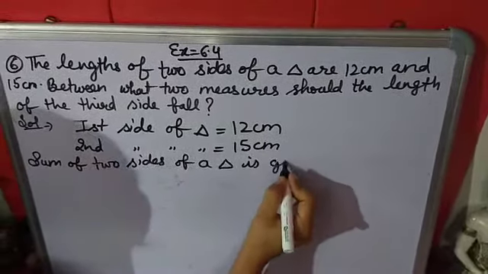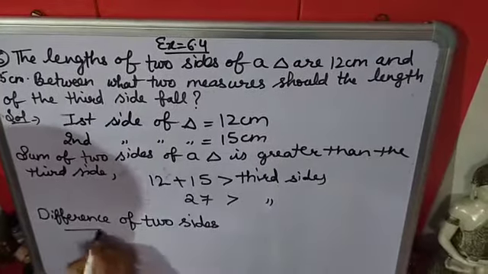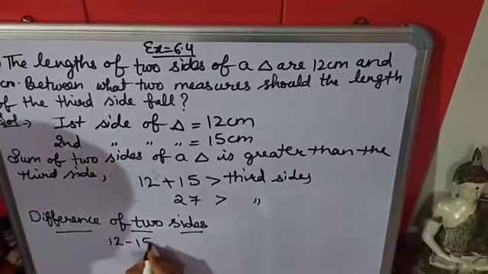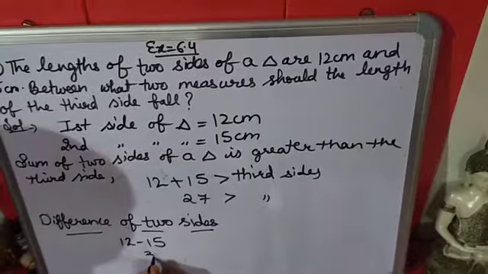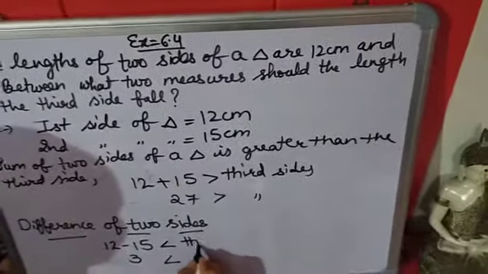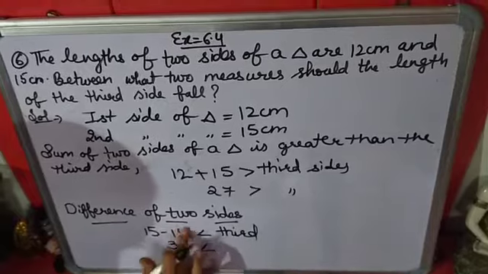Now remember one thing more, that the difference of two sides, I mean these two sides, if we subtract this, then 3 will come. This difference should be smaller than the third side. 15 minus 12.